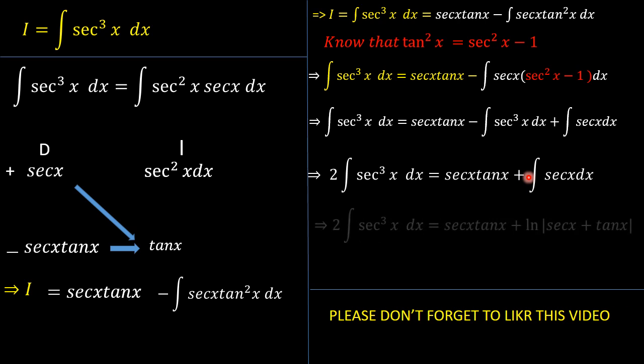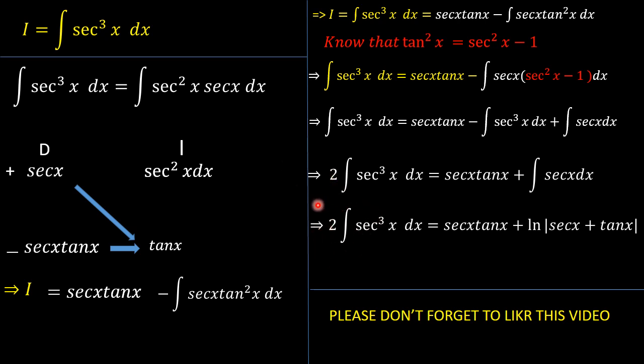Okay, now in this case, we know that we have 2 times the integral of sec cube x dx equal to sec x tan x plus the integral of sec x dx, which as we saw was given as natural log of the absolute value of sec x plus tangent of x. But we know that we have to integrate sec cube x dx, right? Not 2 sec cube x dx.